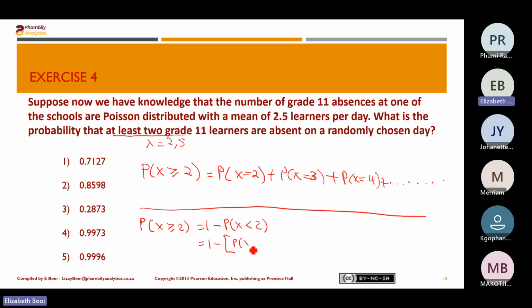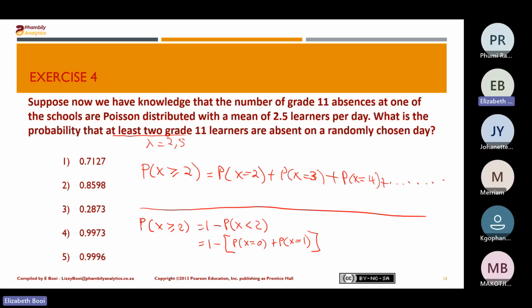Therefore, I have to find the probability of X equals 0 plus the probability of X equals 1, and close the bracket. As you can see, instead of doing all the other numbers, where I don't know when I'm going to stop, I can do the alternative.